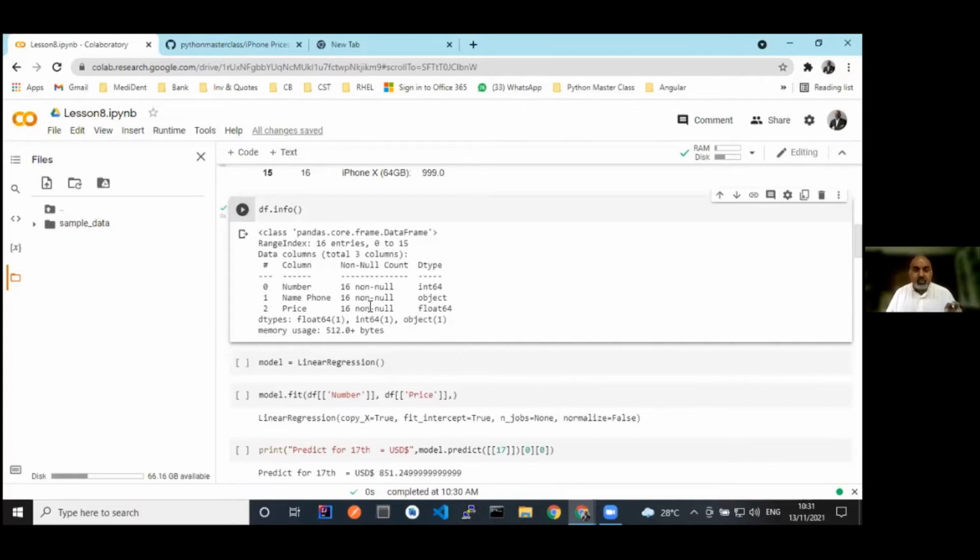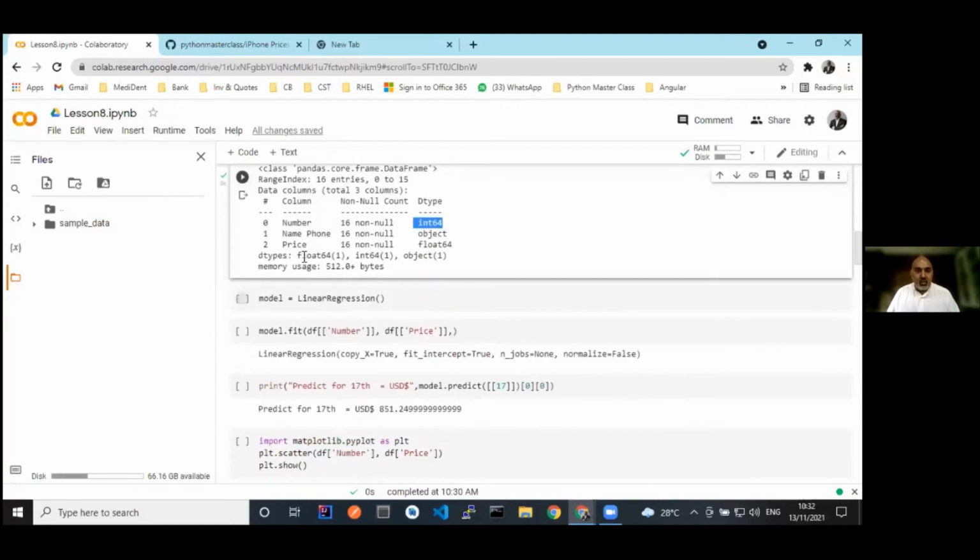So we always have to manage with the space that we are given. Now you have the luxury of running it on a 64-bit machine, and most computers today are 64-bit anyway. So now you understand why in lessons 1 and 2, I was stressing what is an integer and what is a float. You can see name says an object. Basically, it's saying, I don't know what it is.